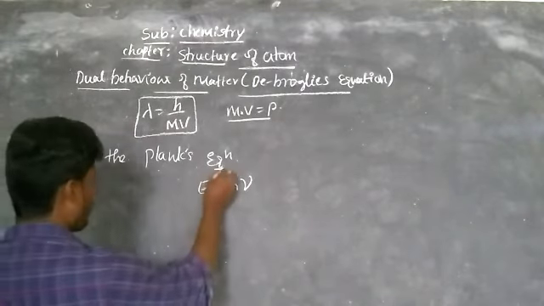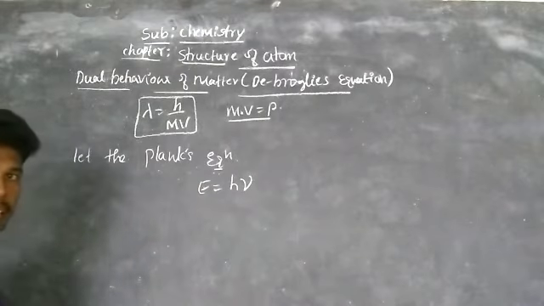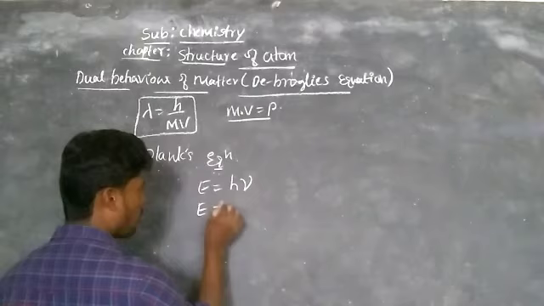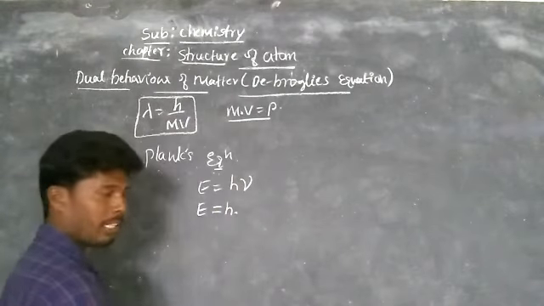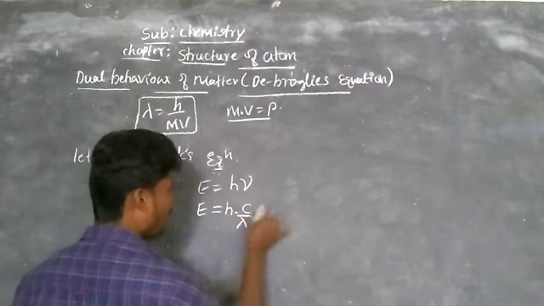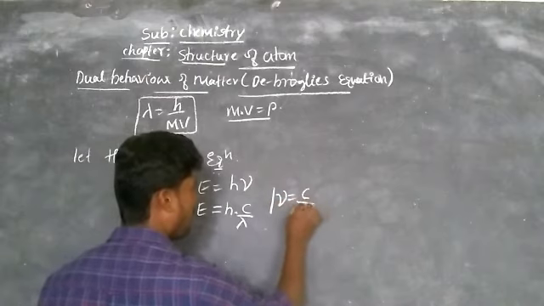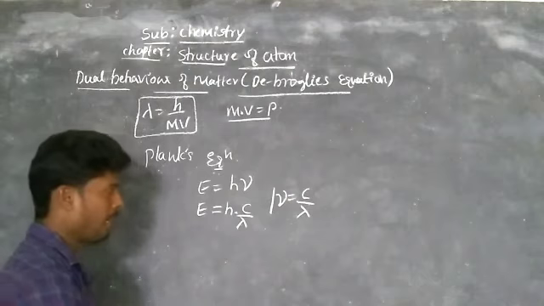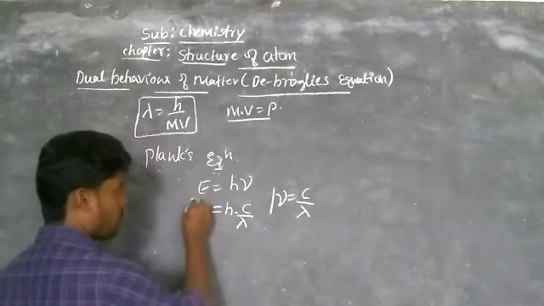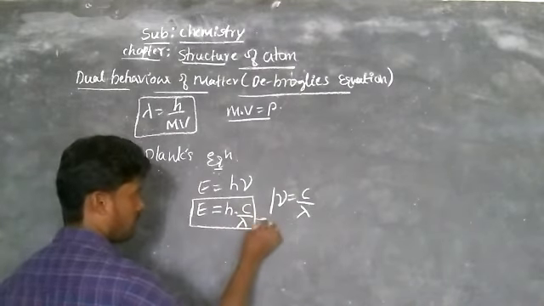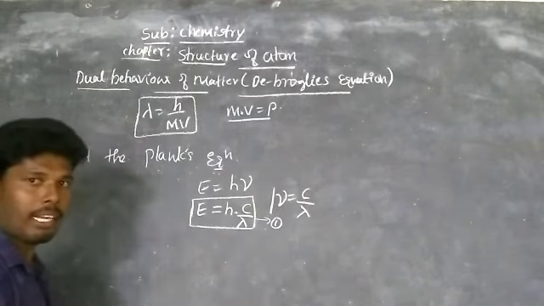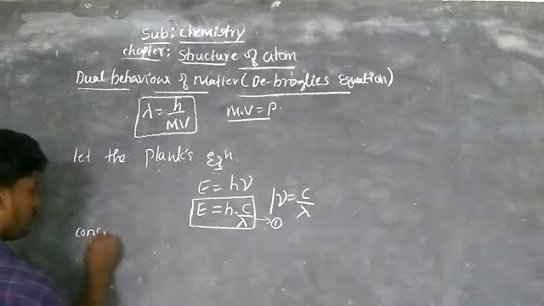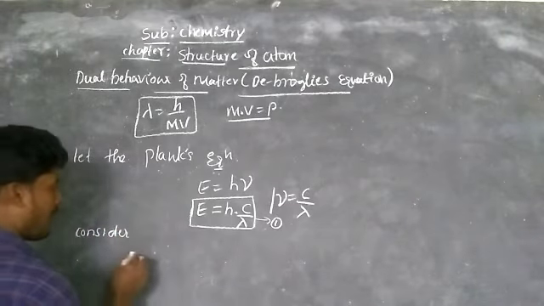Since nu is equal to c divided by lambda, E is equal to h c divided by lambda. Let's take this as equation 1. And similarly consider the Einstein energy equation.